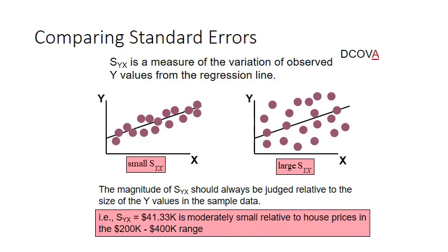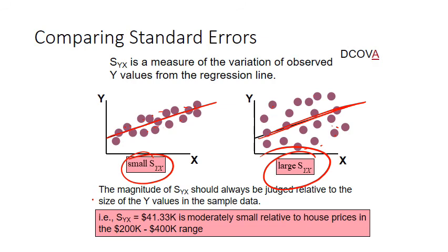Here you can see this is our regression line, and if points are close to the line, the standard error of estimate will have a small value. So it is a good estimate. It tells us that the data are strongly related, x and y. If points are spread around the line, not close to it, the standard error of estimate will be larger.